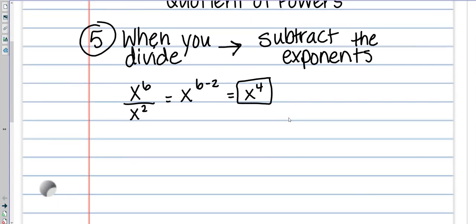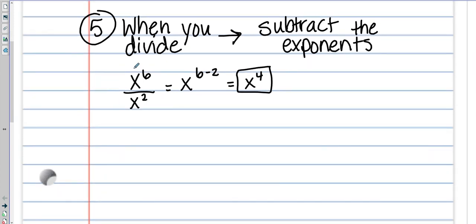Now, the reason why we subtract, I'm going to show this to you in expanded form. X to the 6th power is x times x times x times x times x times x, right? Over x to the 2nd power, written in expanded form, is x times x. Anytime you have a number over itself, they cancel out because they end up being divided with each other and they give you a 1.